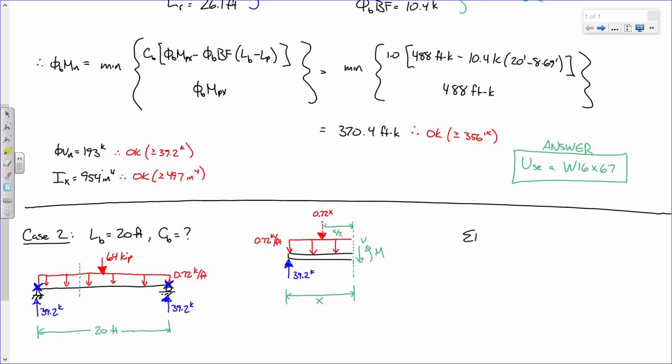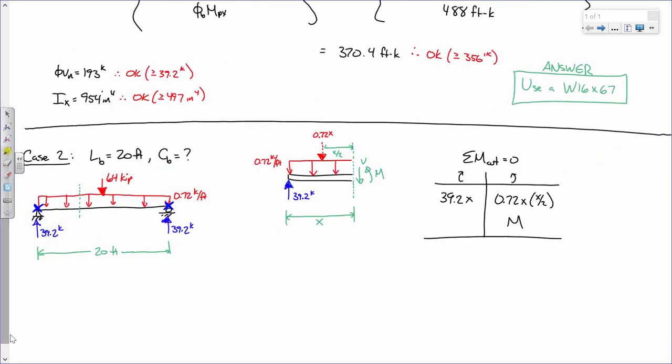So some moment at the cut. I got 39.2x going that way, 0.72x times x over 2 going that way, and M going that way. So 39.2x equals M plus 0.36x squared. So M equals 39.2x minus 0.36x squared. Did I do that right?